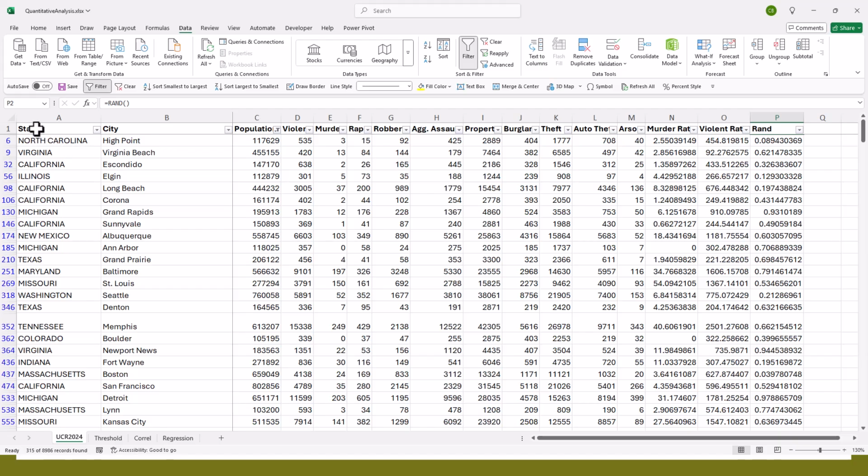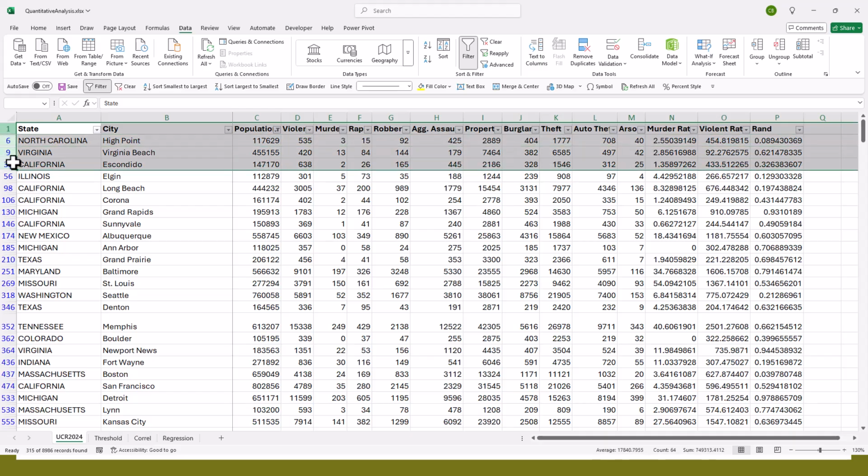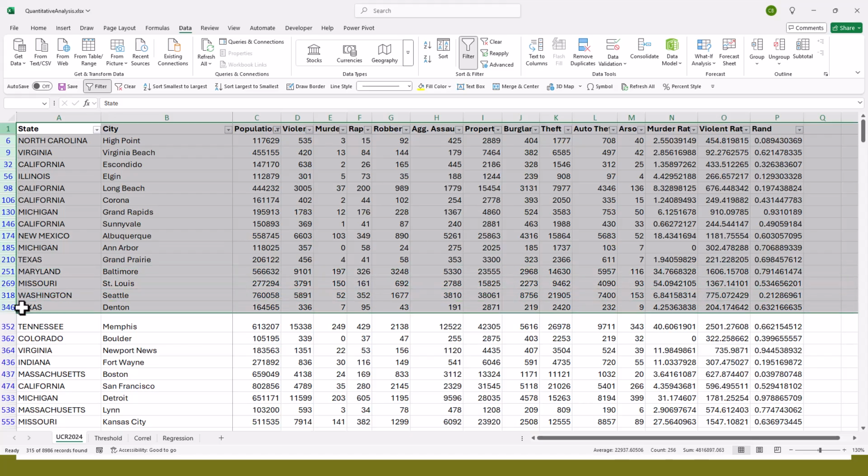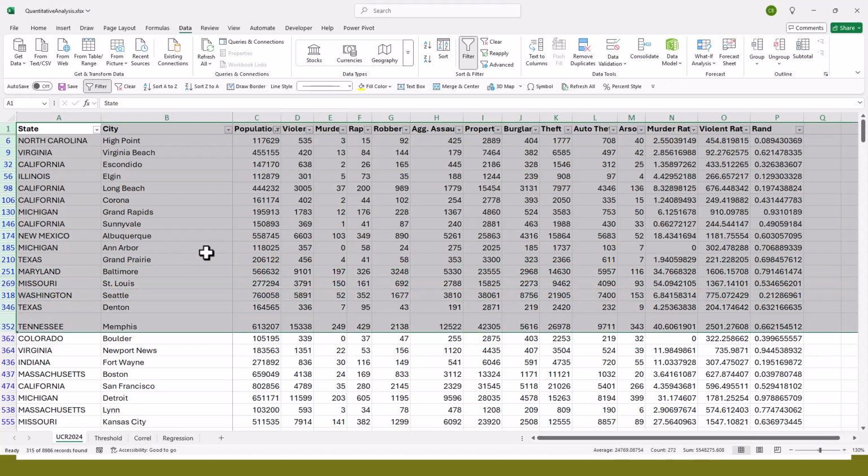What I want you to do is select the top row and the first, say 15 rows beneath it. I think I went maybe over by 1, but it doesn't matter. More is okay.